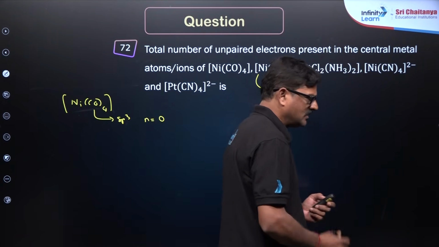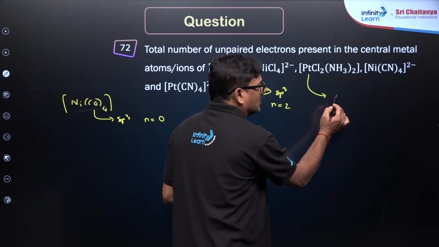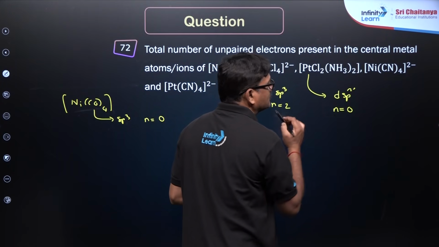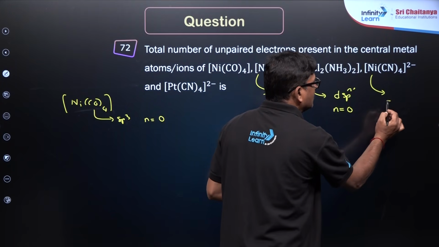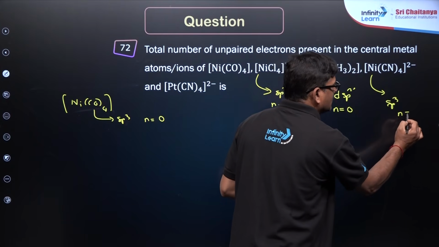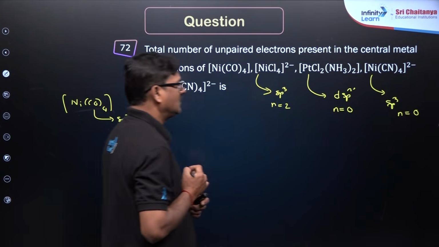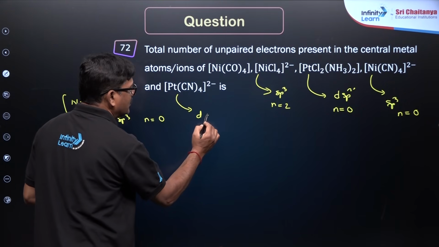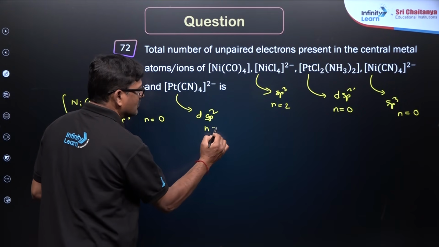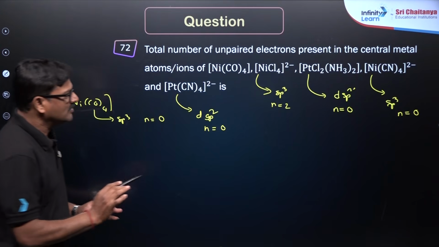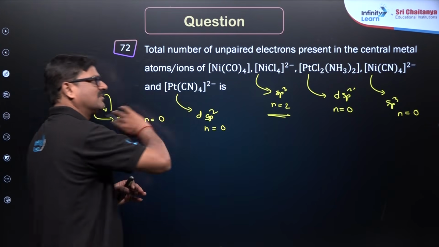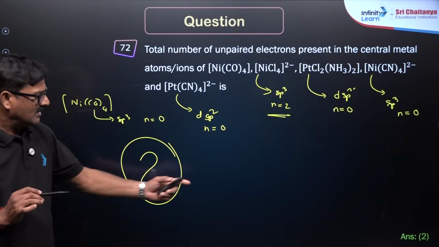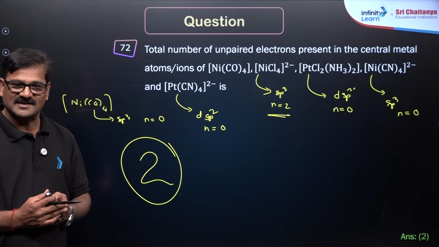Here it is going to be platinum, dsp2 hybridization, N is equal to 2. Here it is going to be sp3 hybridization, N is equal to 0. So I can find it is also going to be dsp2 hybridization, N is equal to 0. I could find only N value is 2 in the sum of all compounds. So the answer for this integer question is going to be 2.